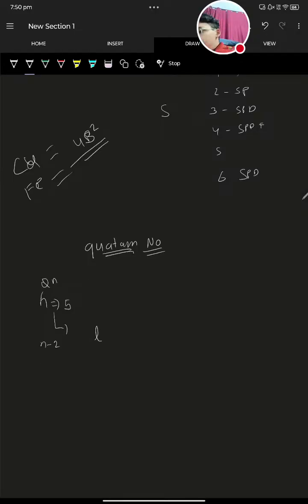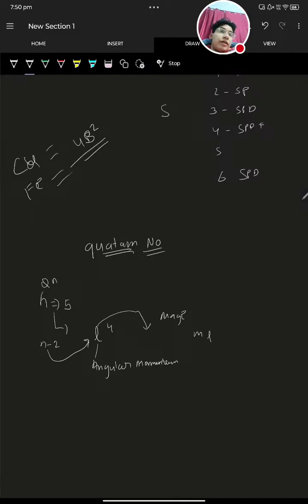Now your L is your angular momentum. The formula from quantum number to angular momentum is n minus 1. So if it is 5 quantum number, then angular momentum would be 4. Now if you have 4 angular momentum, then your magnetic quantum number m would be there. So L goes from n minus 1 to L to m.